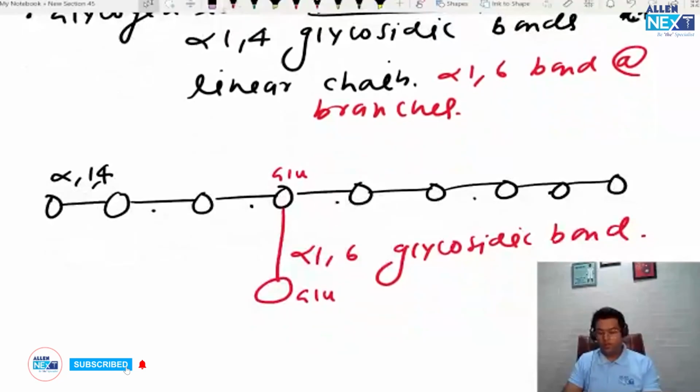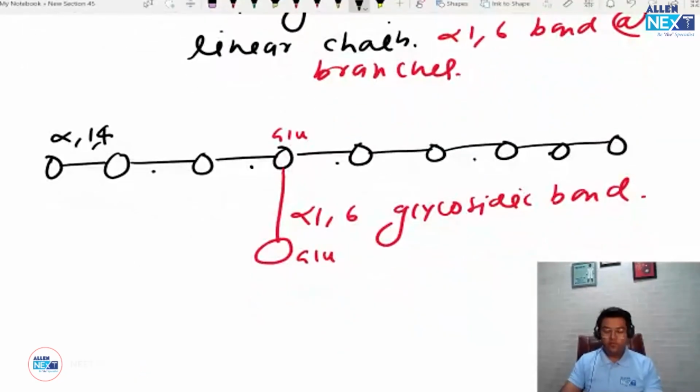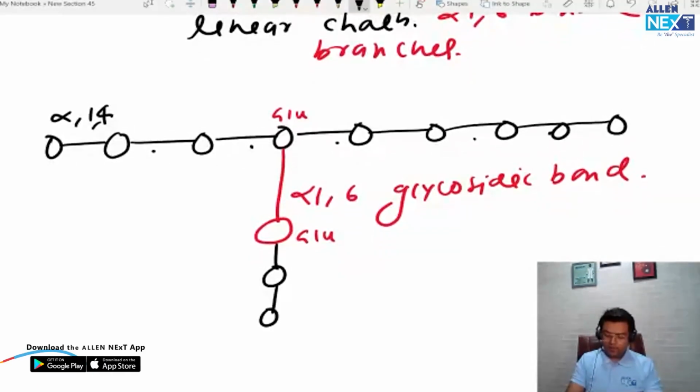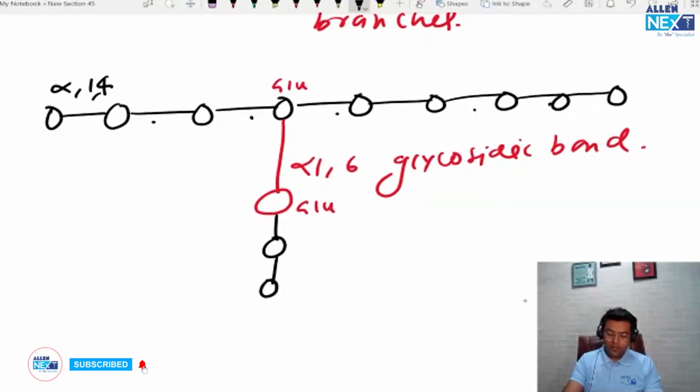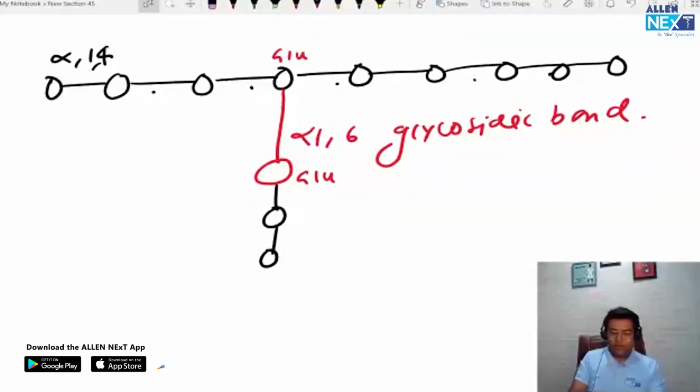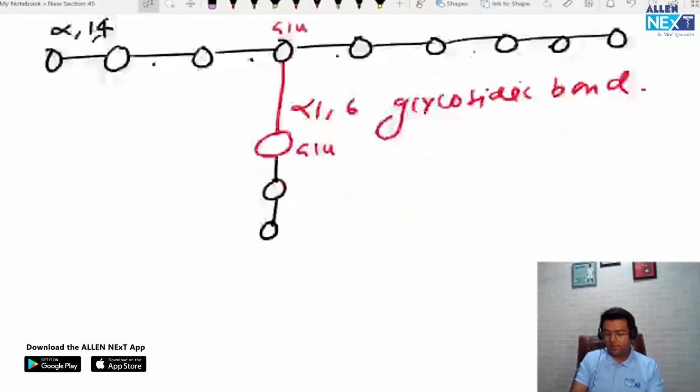This is the only bond which is alpha 1,6. Rest will be alpha 1,4 again, right? That is very clear because the number of carbons is limited, and we are using both 1,6 and 1,4 here. So this will be again 1,4. Okay. So that's how the glycogen is structured, is made like this, right?